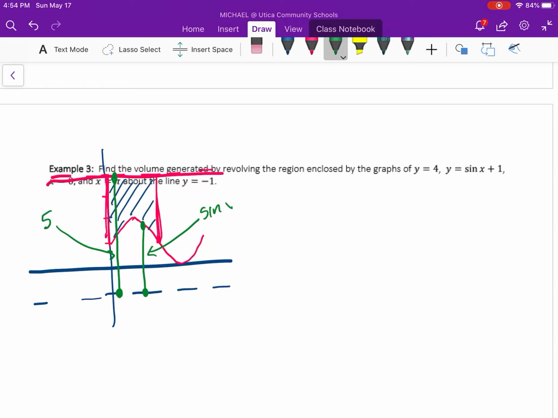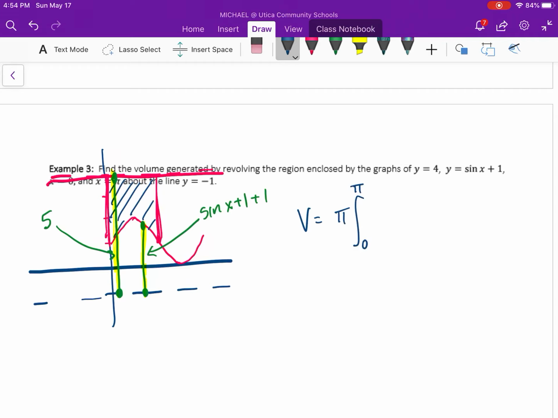The second distance, the inside distance, is going to be that function value, sine of x plus 1 more. As you can see, this distance from here to here is sine of x plus 1 more. Just like from here to here is 4, plus 1 more makes 5.